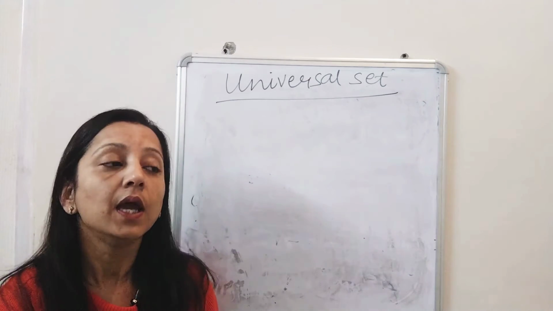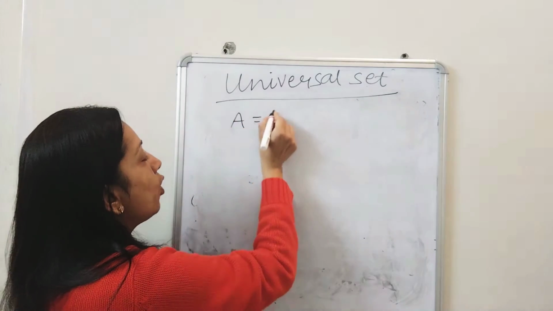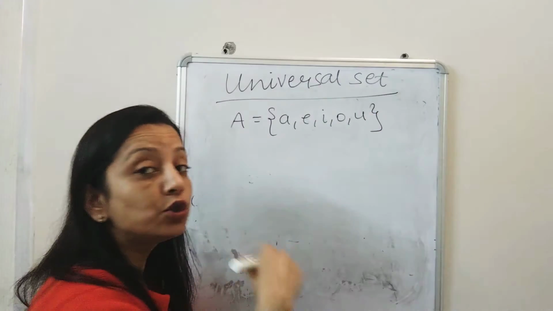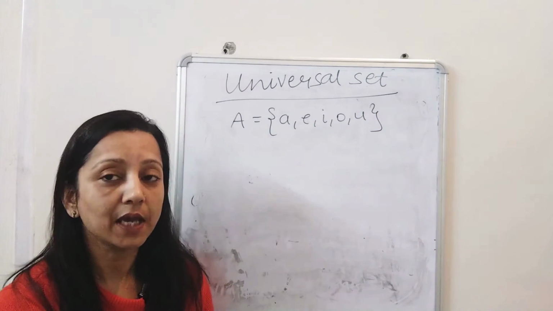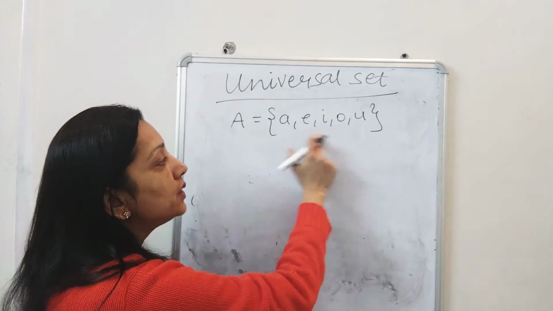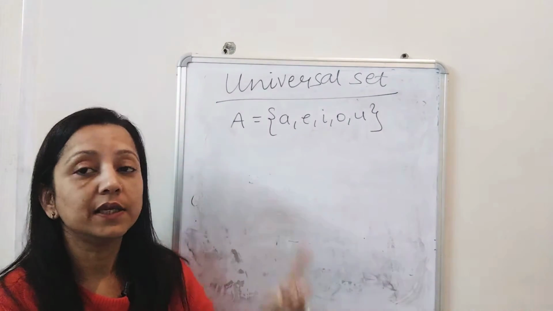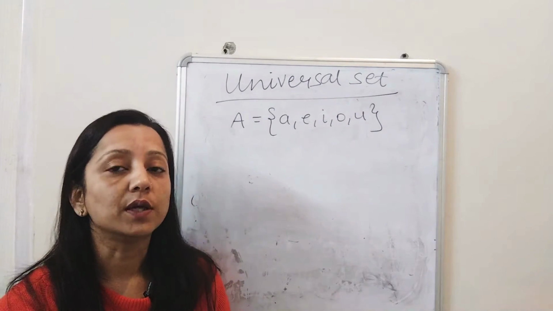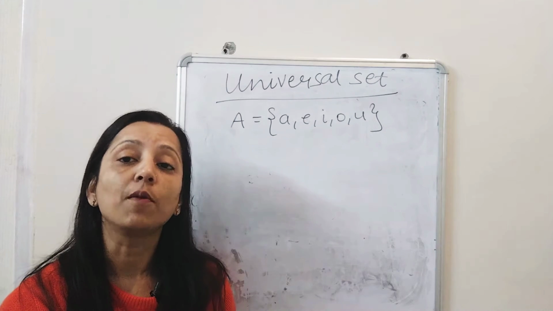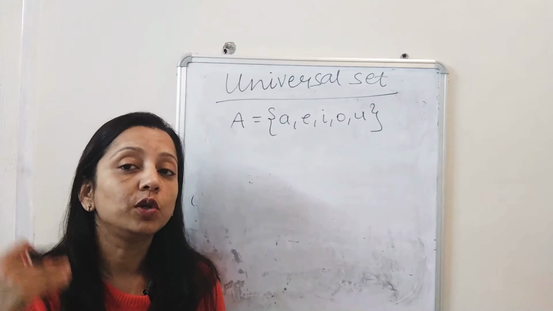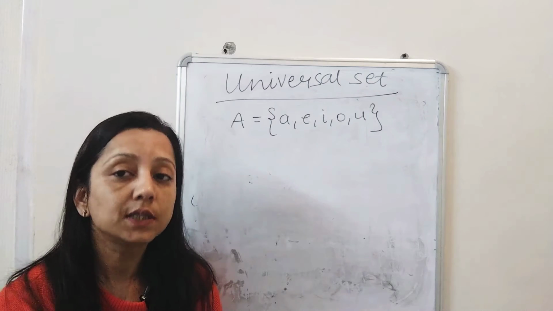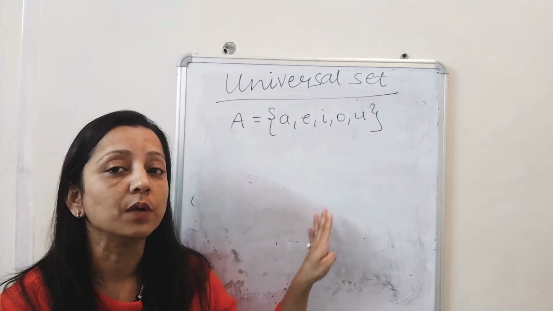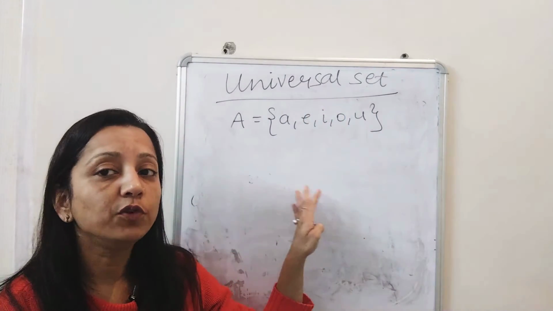Like the set A of vowels, A, E, I, O, U, belongs to the family of alphabets, so the universal set for this set A is the set of alphabets. If I am studying a set of complex numbers, that set belongs to the universal set of the number system. So any set that we study in most cases belongs to some universal set. This is the concept of a universal set.